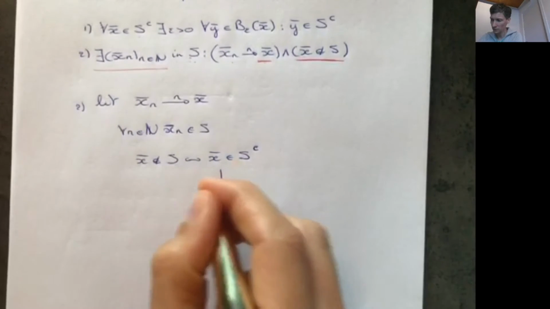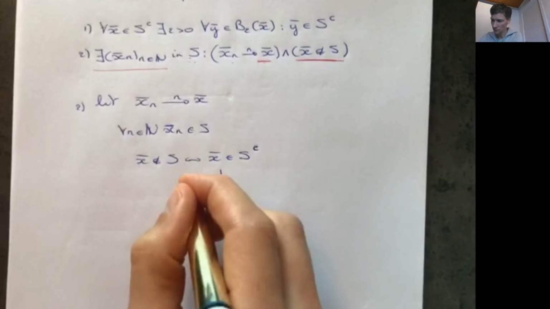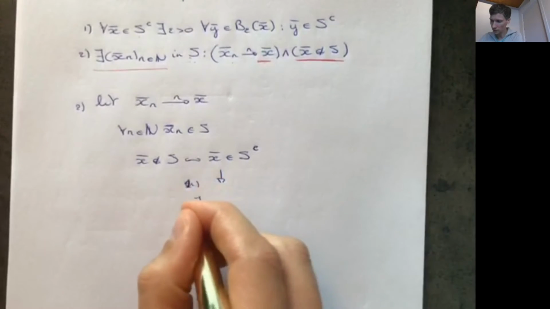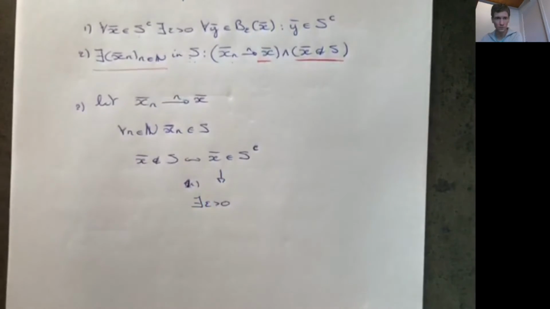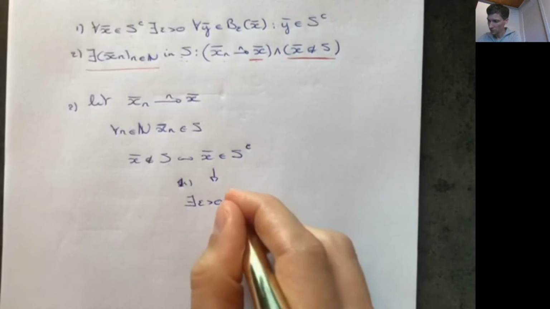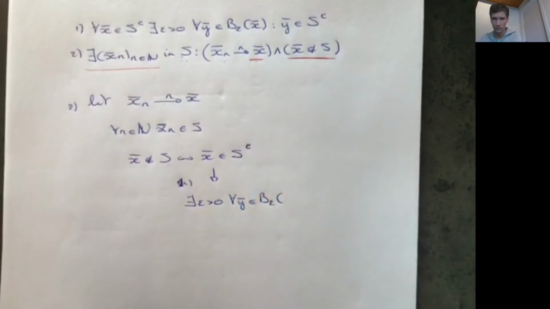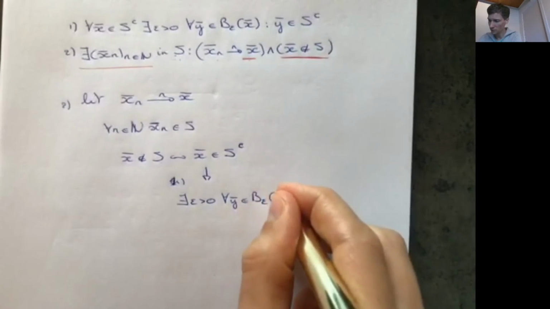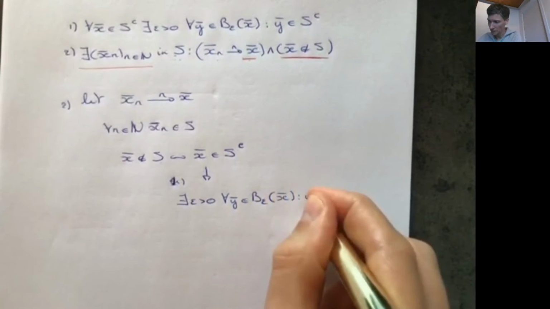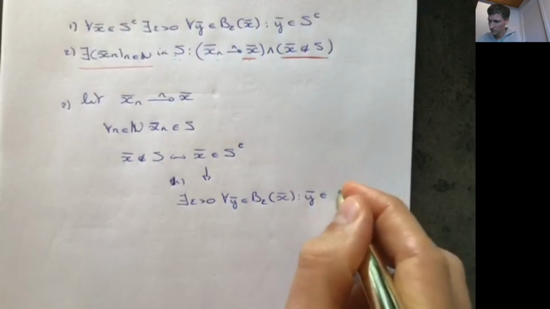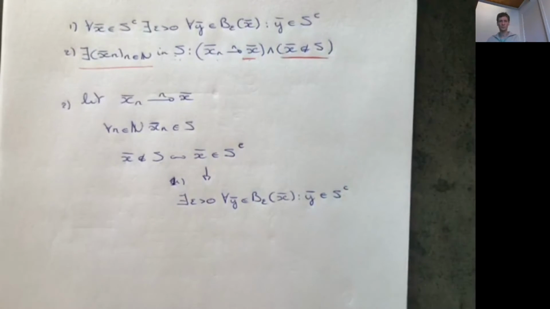Okay, so from point 1, it follows that I can find an epsilon bigger than 0, such that for all y in this ball of radius epsilon around x, y is in the complement SC.